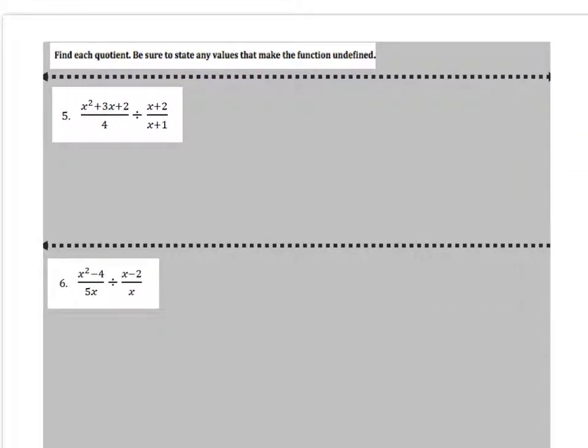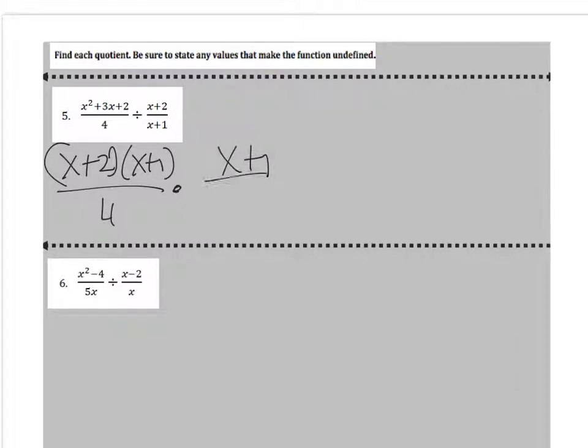So factor the top, so that's going to be (x+2)(x+1) over 4 times (x+1) over (x+2). Make sure, again, this is division, so I have to flip-flop these two. So look what cancels out here. x+2 cancels out.